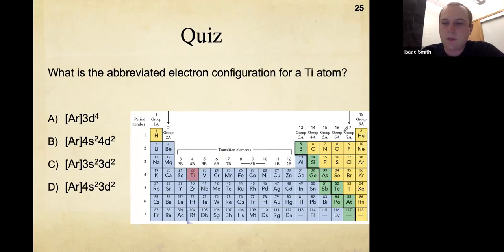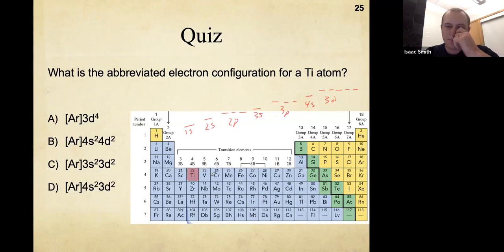We go through the 1s, the 2s, 2p, 3s, 3p, and the 4s, and then we move into the 3D, which is where titanium is, so we can stop there.